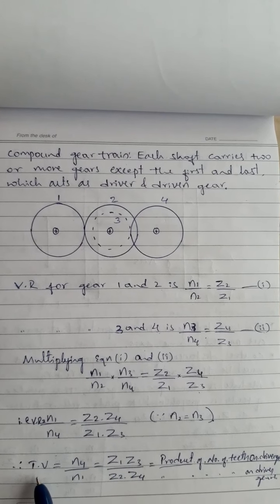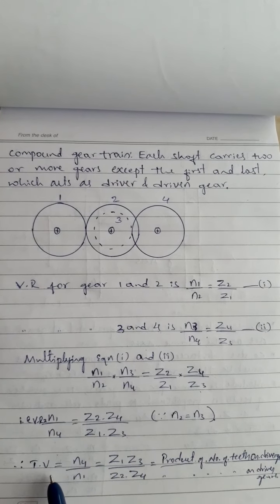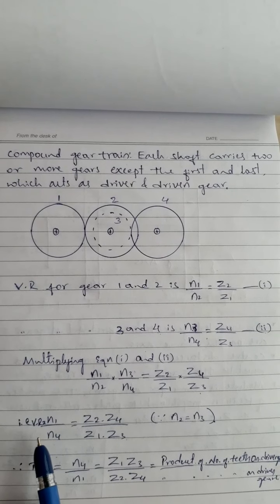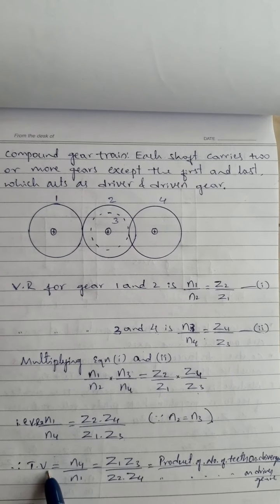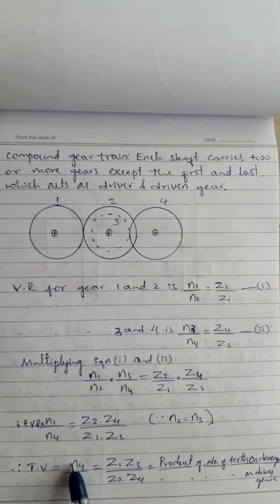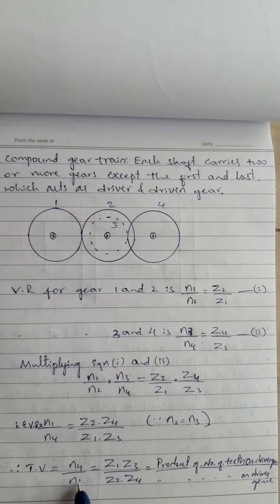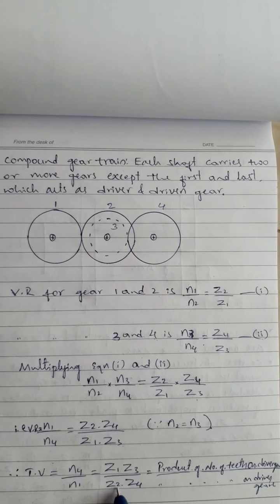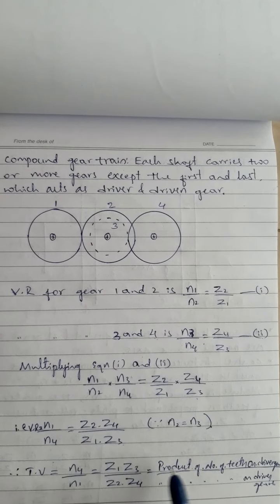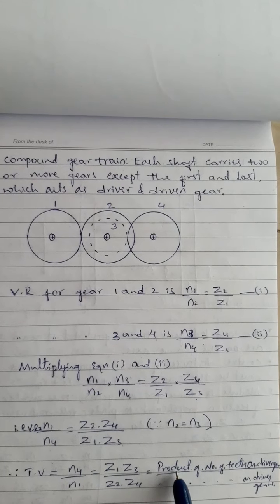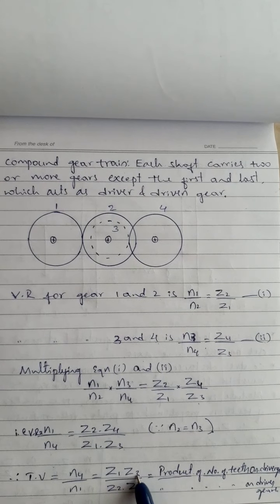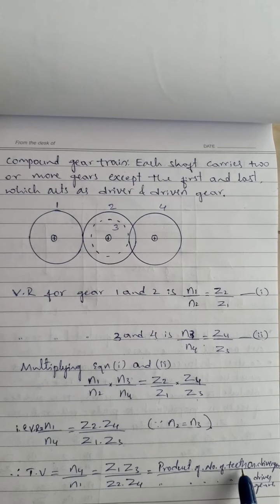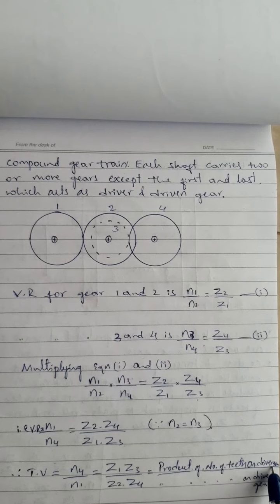As we know that train value is the reciprocal of the velocity ratio, therefore train value is equal to N4 by N1 is equal to Z1 into Z3 divided by Z2 into Z4. We can say Z1 into Z3 is the product of number of teeth on the driver gears.